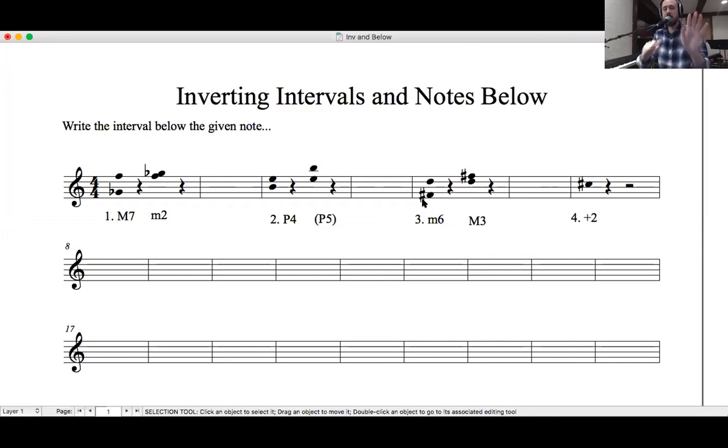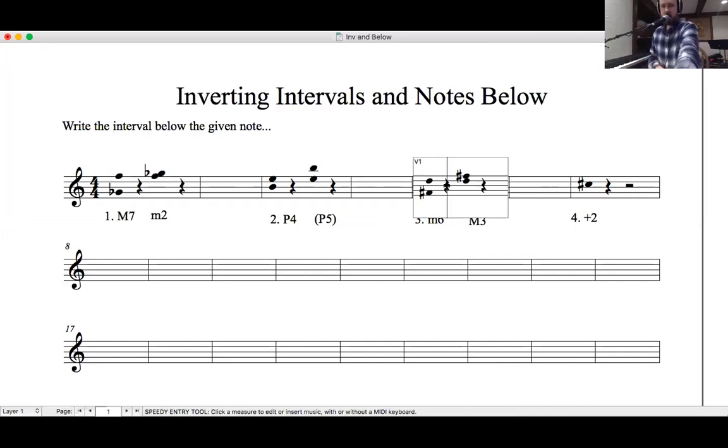D sharp is in the key signature. So F sharp to D sharp, let me just write that here. F sharp to D, how do I want to do this? I'll put it over here. I'm going to change how these are spelled.